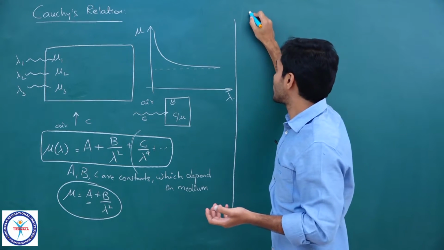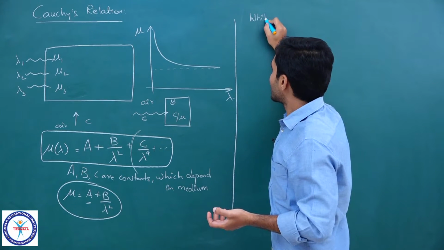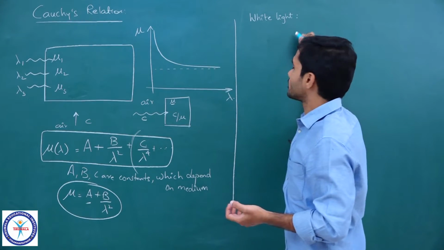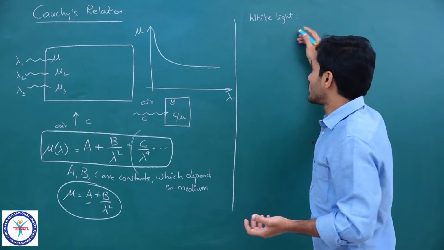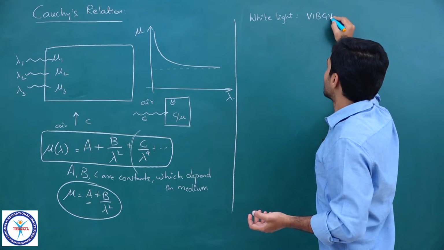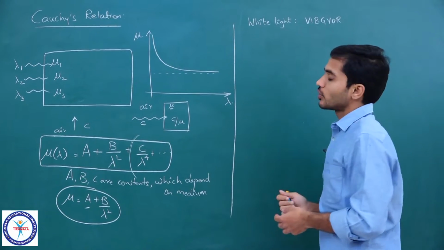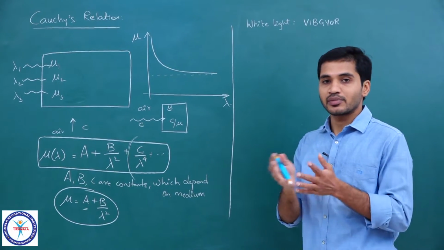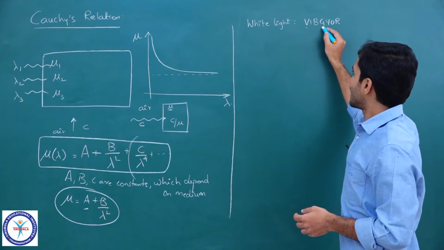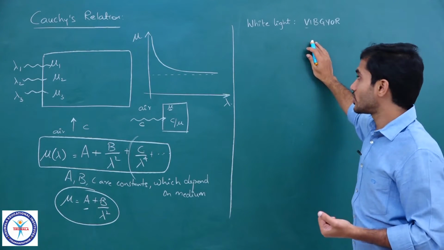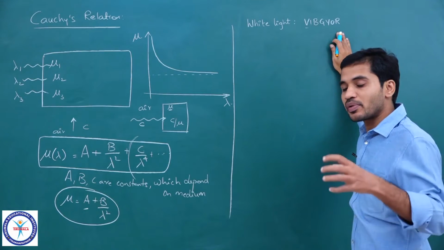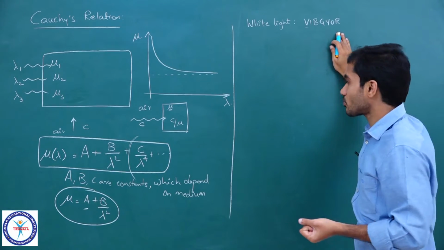Even if I consider white light, you know that white light basically means a combination of many colors, many wavelengths, of which we generally represent VIBGYOR as the basic fundamental colors. Because the wavelengths are different, they have different refractive indices when passing through a medium, yes or no.